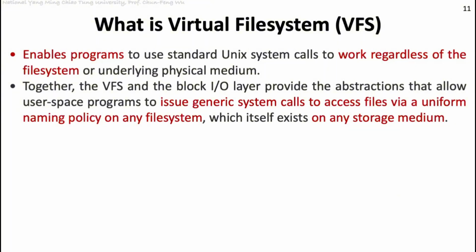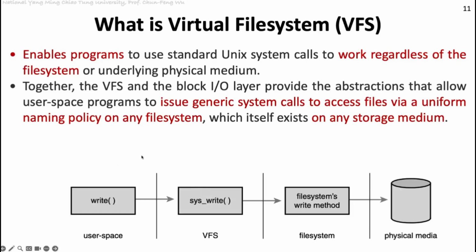The objective of an abstraction layer is to let programmers feel it is very simple to program and control these devices and file systems, because they don't really need to worry that there are different kinds of devices and different kinds of file systems that need different code. They only need to use one standard library, and they can control all of this. Okay. So the thing will be like this.